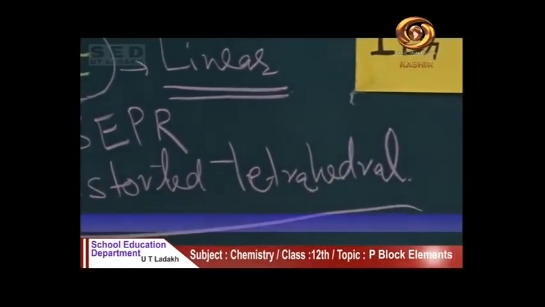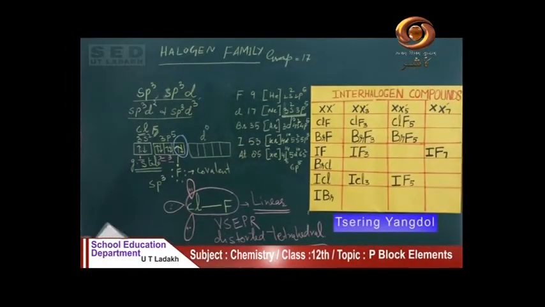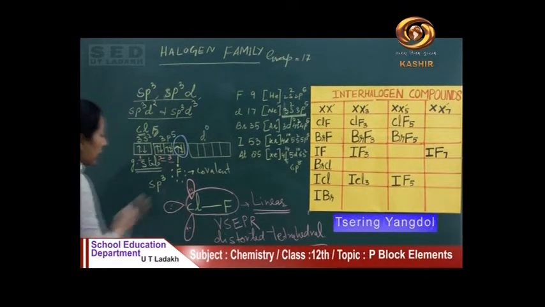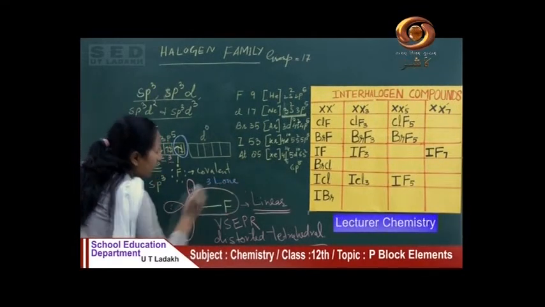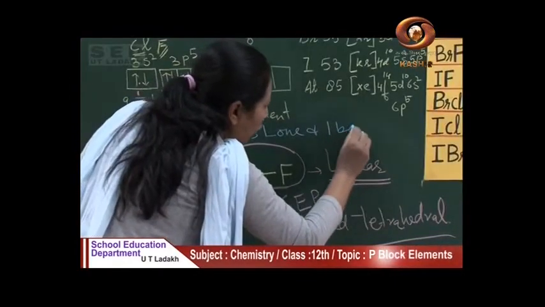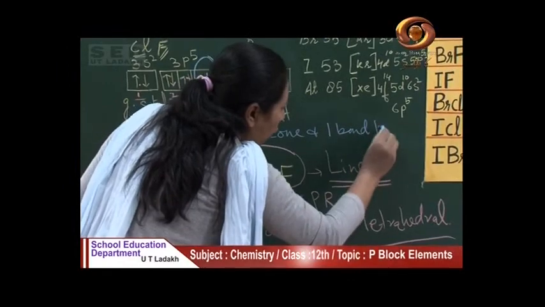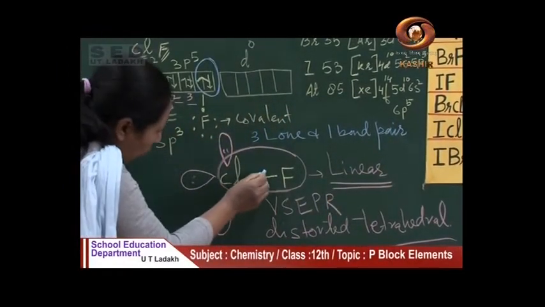This is due to the presence of these lone pairs. It has 3 lone pairs and 1 bond pair. 1 bond pair means 1 sigma bond.